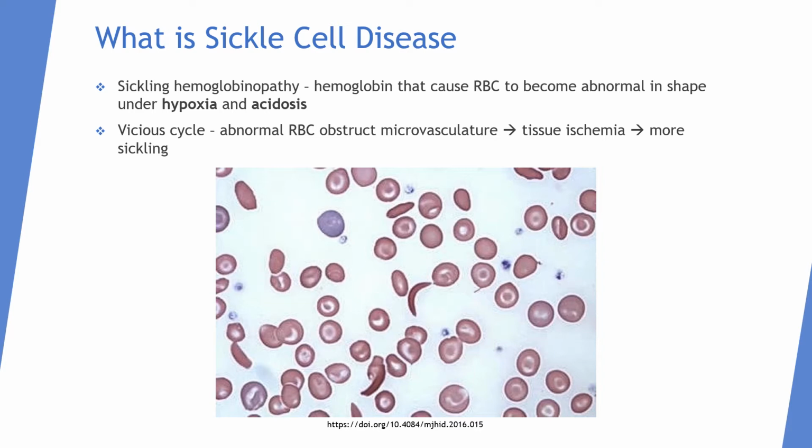This change in conformation can be triggered by hypoxia and acidosis. There's a vicious cycle where the abnormal RBCs obstruct the microvasculature, and this causes tissue ischemia and in turn causes more sickling due to creation of hypoxic environments.